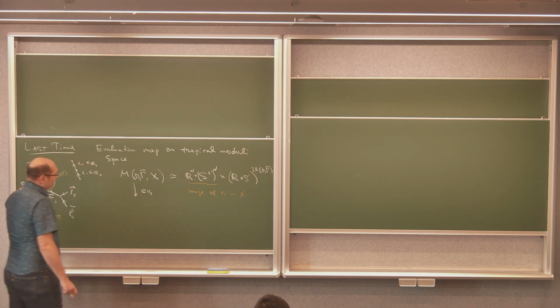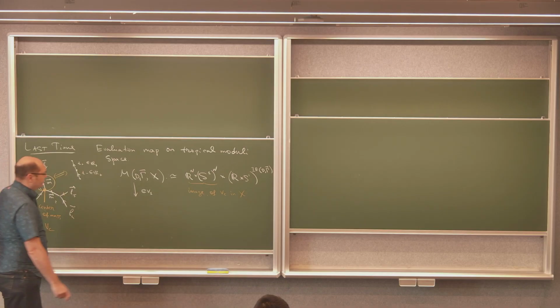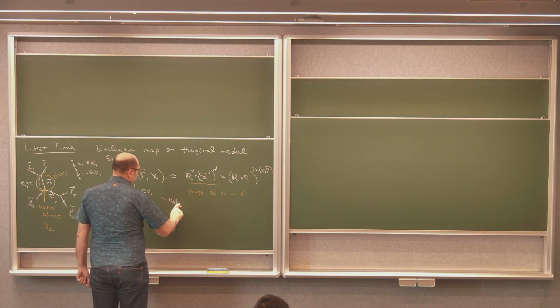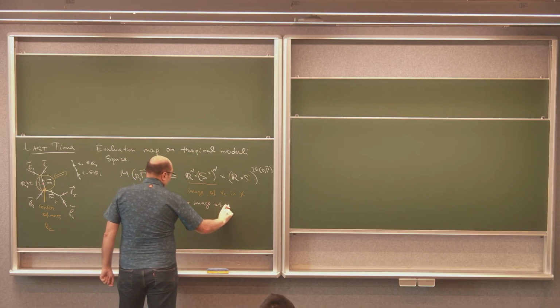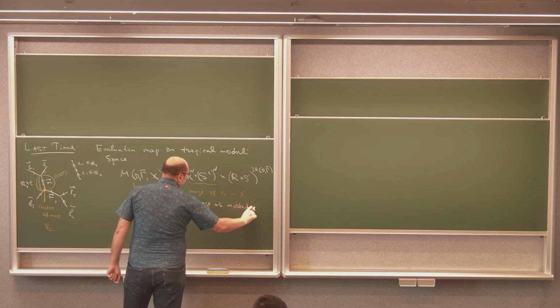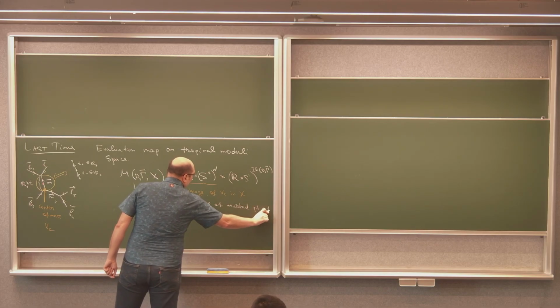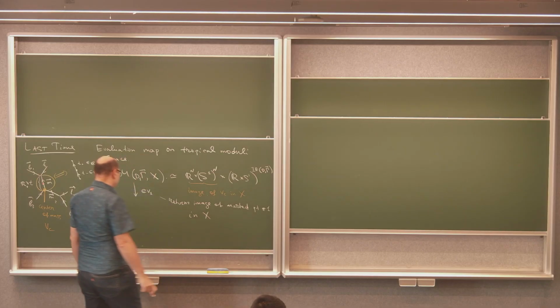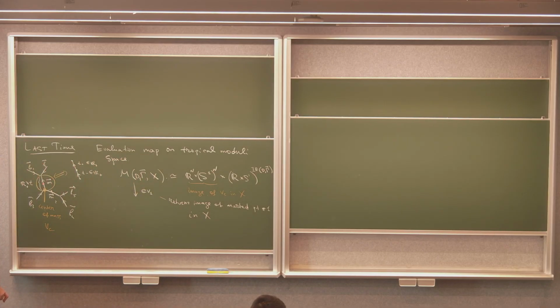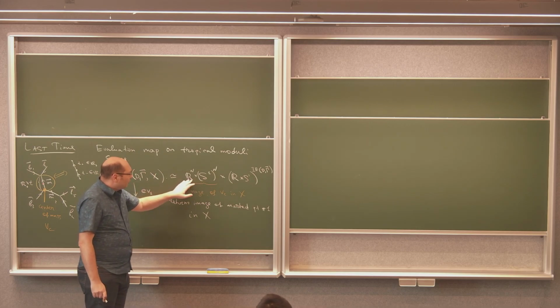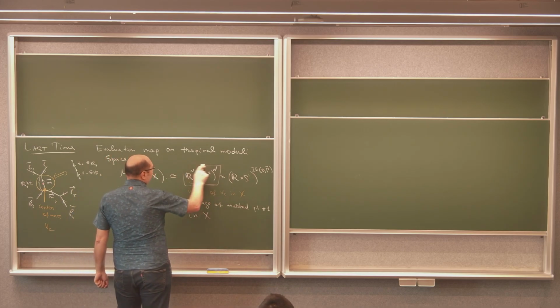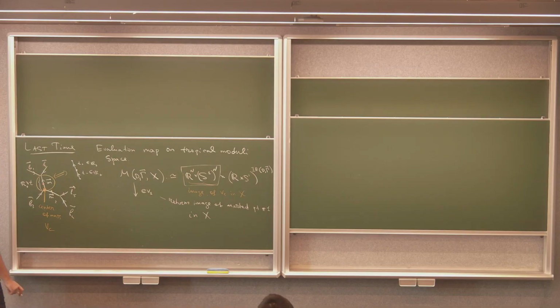So basically what it does, it returns the image of mark point 1 in X. And to construct this image, we have the following way. We know that this part of the moduli space is essentially a coordinate of this center of mass value.